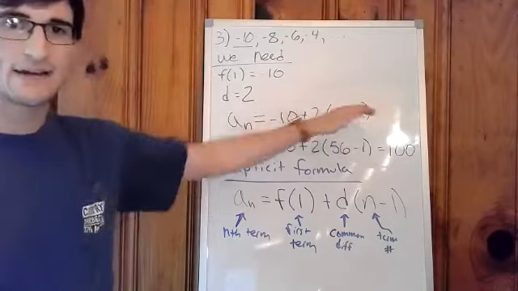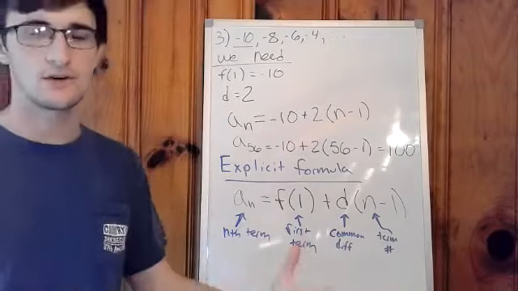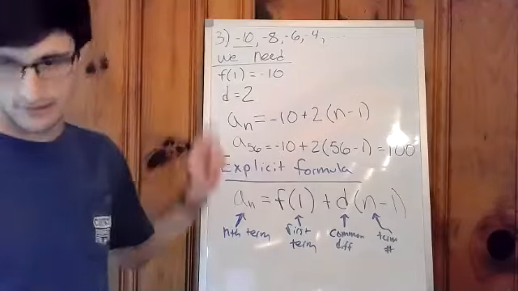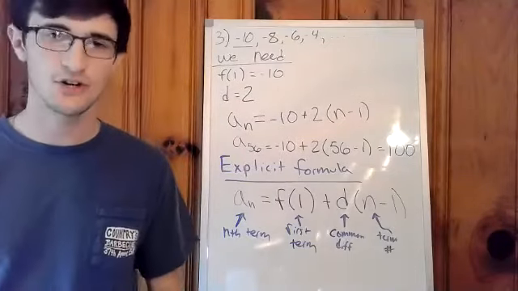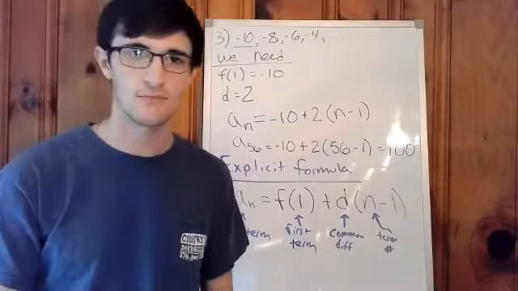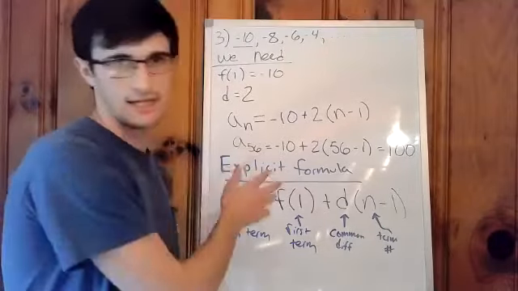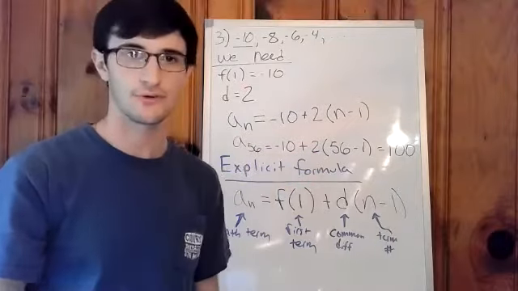I got that from this general formula and then plugging in what I found, which was the first term and the difference. To find that last column, the given term, you just plug in the number they're looking for, in this case 56, for the letter n. That's our variable for the given term.